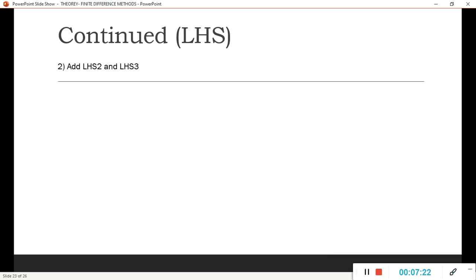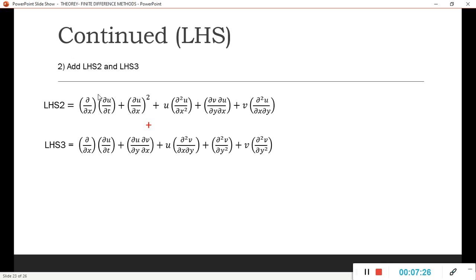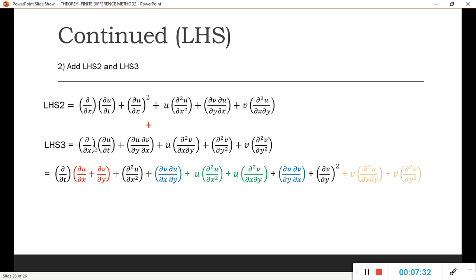Okay, so now we add them together, the left hand side 2 which we just rearranged, and this way we end up taking the ∂/∂t outside, and this ∂u/∂x plus the ∂v/∂y plus this term ∂²u/∂x² plus this term here ∂v ∂u/∂x∂y plus this term, the first term in the left hand side 2, plus this term here in green, and then these two terms in blue and black, and the last two terms here.